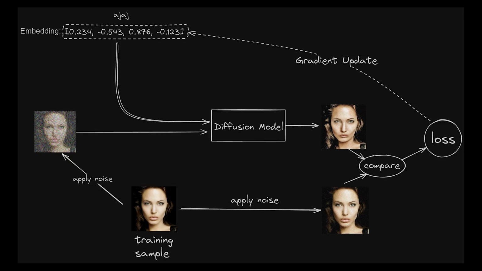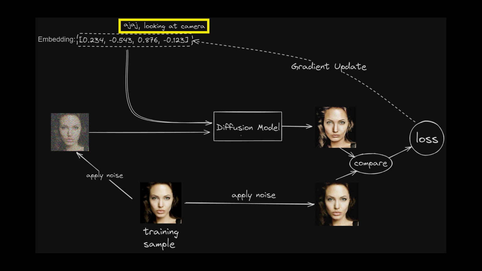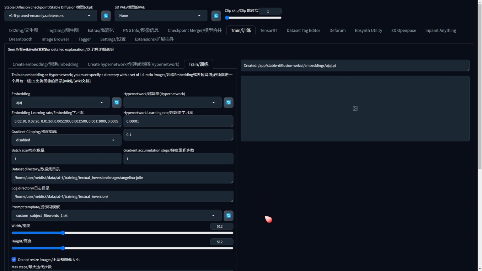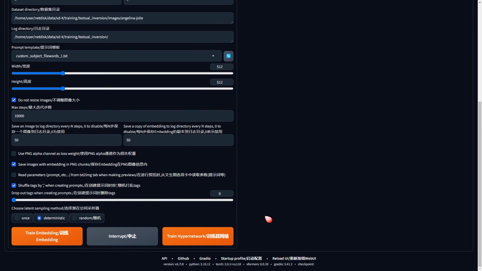This refined prompt then guides the diffusion model during training, illustrating the template's significance. It's important not to adjust the image width and height settings below the prompt template section. After configuring these settings, simply scroll down to proceed with the next steps in the training setup.